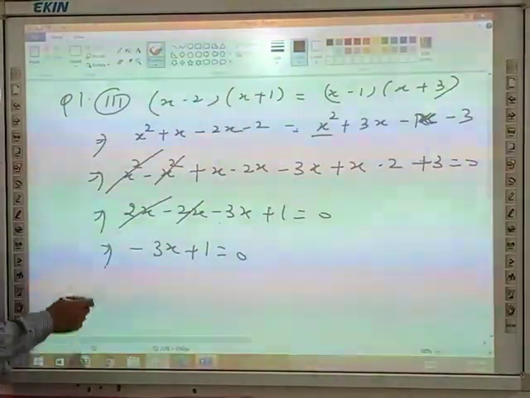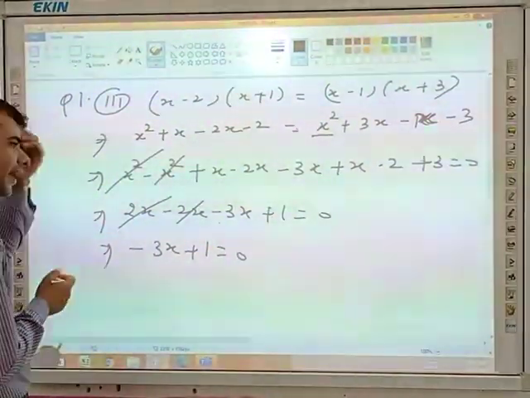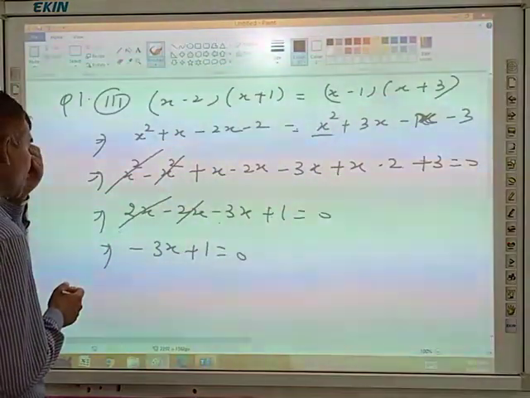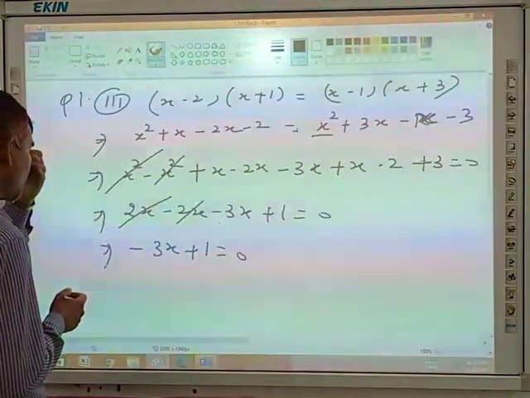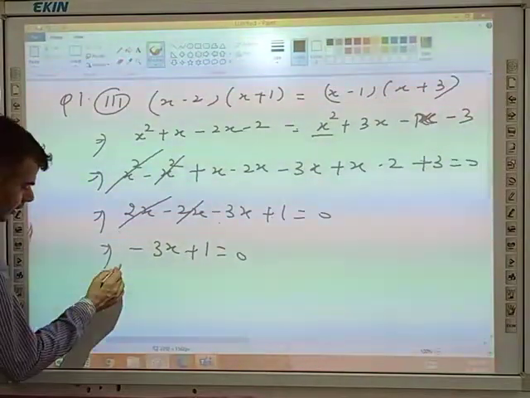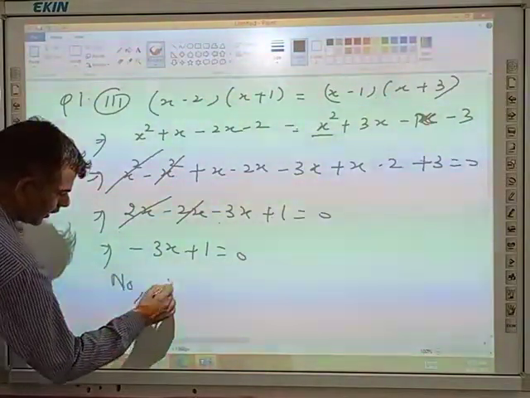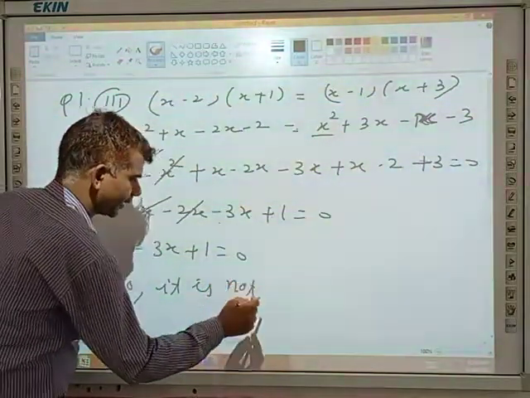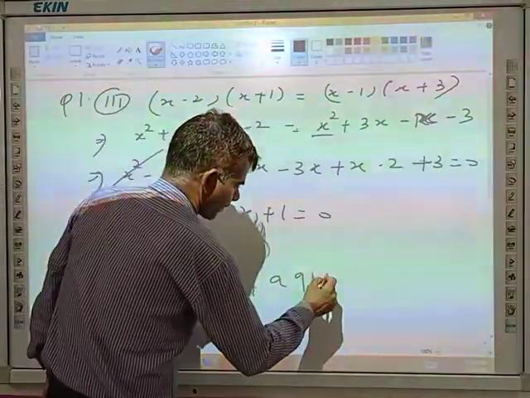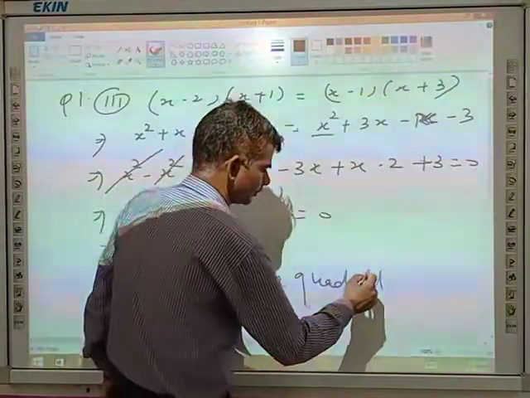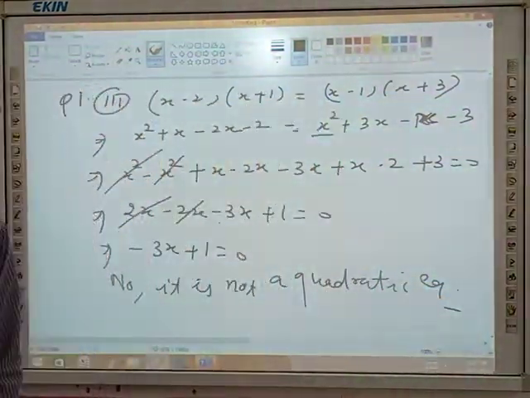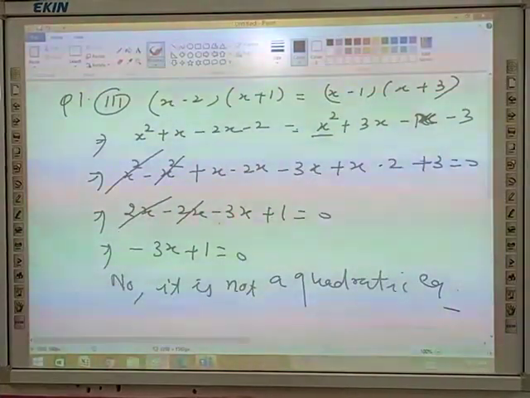No, because the degree of the variable is 1, the degree of the variable is not 2, so no, it is not a quadratic equation. Friend, any doubt, any problems? No, sir. Do it fast.